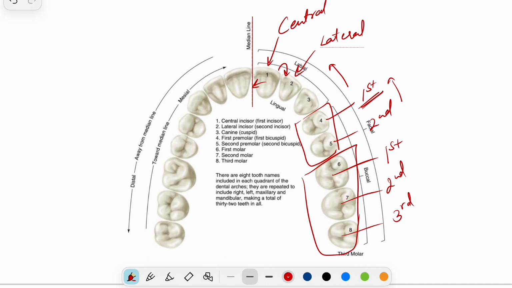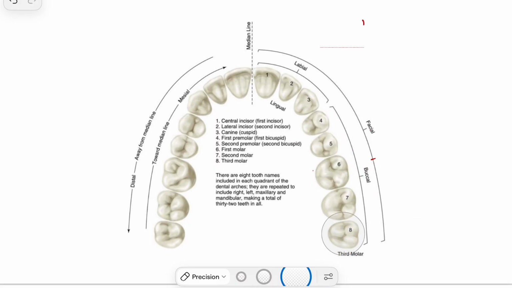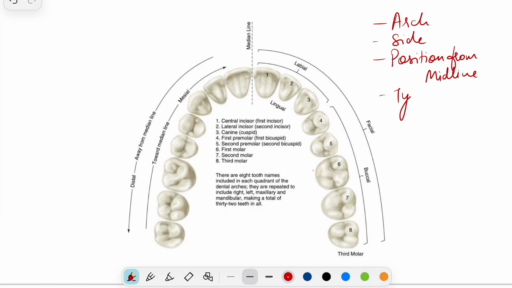Now, about the complete tooth nomenclature. We are going to combine everything we have studied till now. A complete tooth name includes the arch, the side, the position from the midline, and the type of tooth.